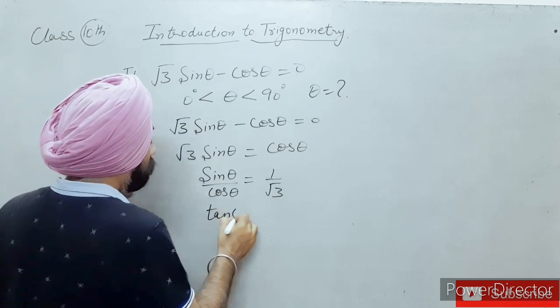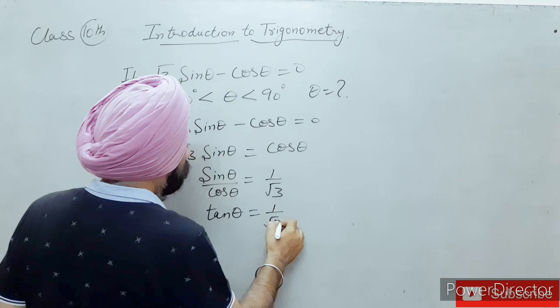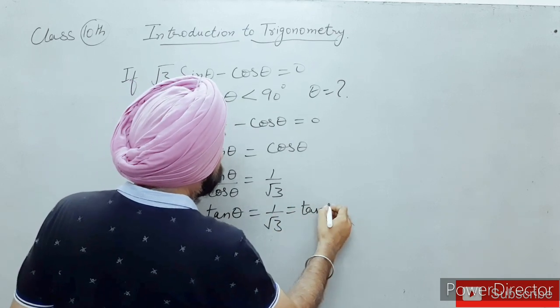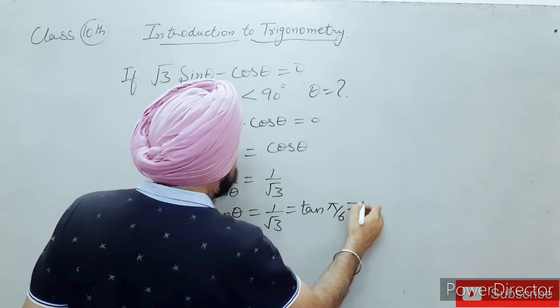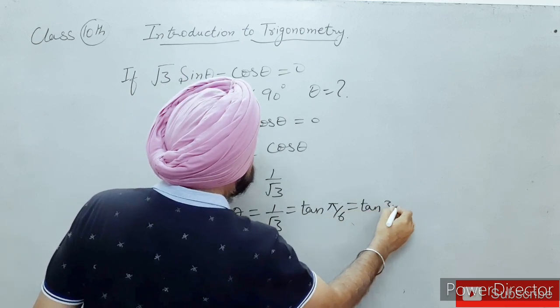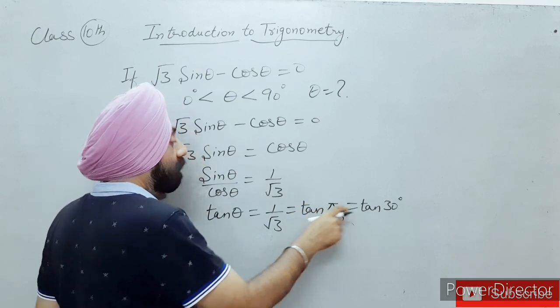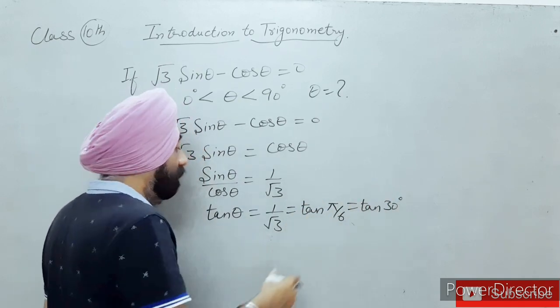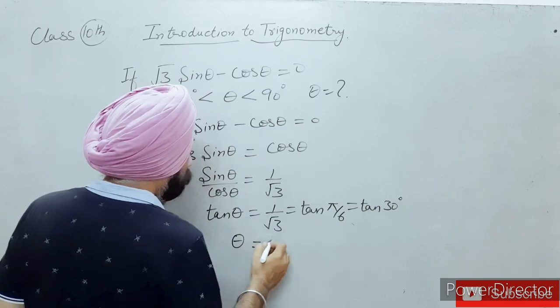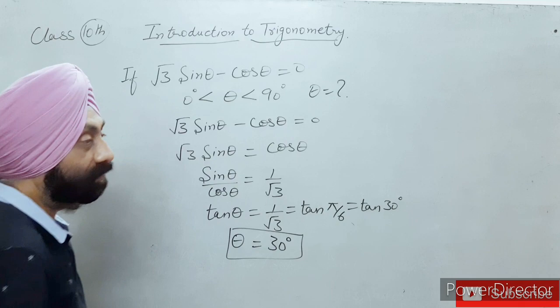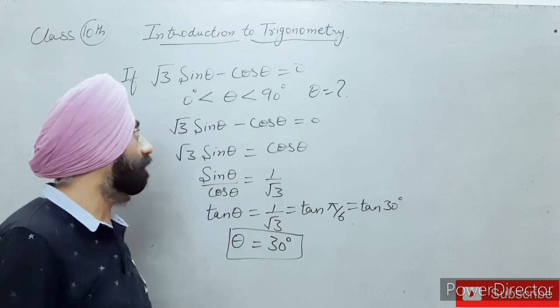That is tan theta. Tan theta is 1 by root 3. That is tan of 30 degrees. Tan 30 I can write as pi by 6 or tan of 30 degrees. This is in radians, pi by 6, and 30 is in degrees. So I get theta equals how much? 30 degrees. Simple. It's a very, very simple sum.